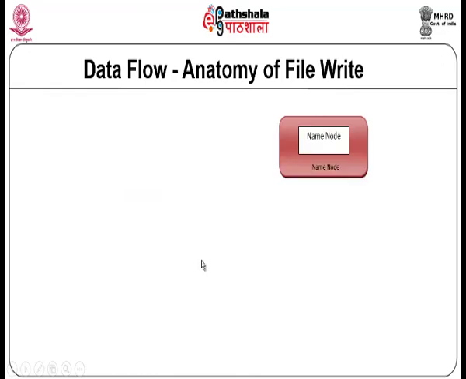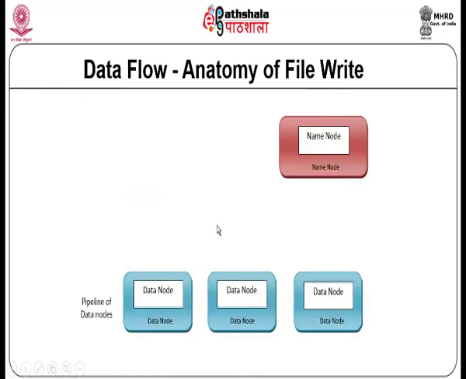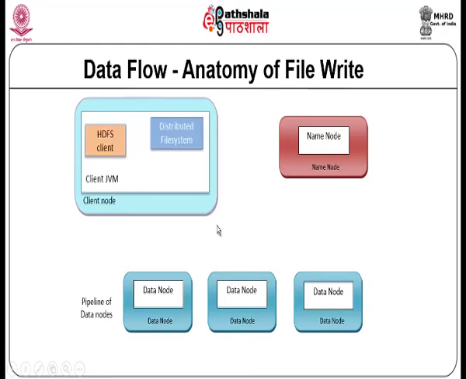In case of a write, maybe the first time it is writing, it will have the write information, it will send the write information to the name node to create the blocks, and then it will send the data. The data is written in a pipeline manner.